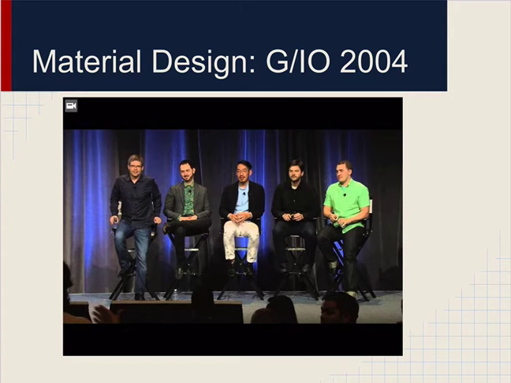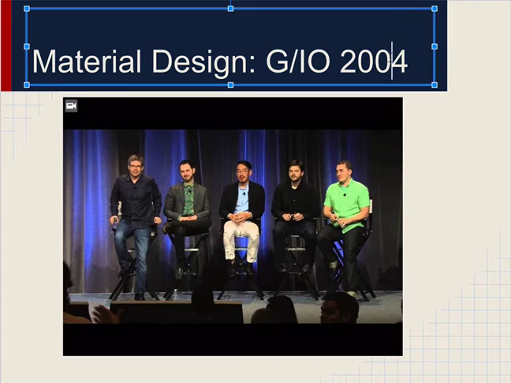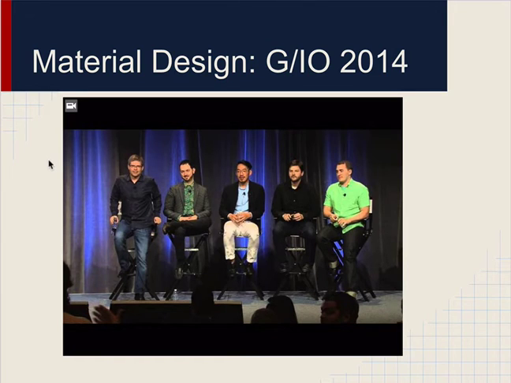In 2014, Google introduced material design. And it's based on the mental model of moving little bits of paper around.